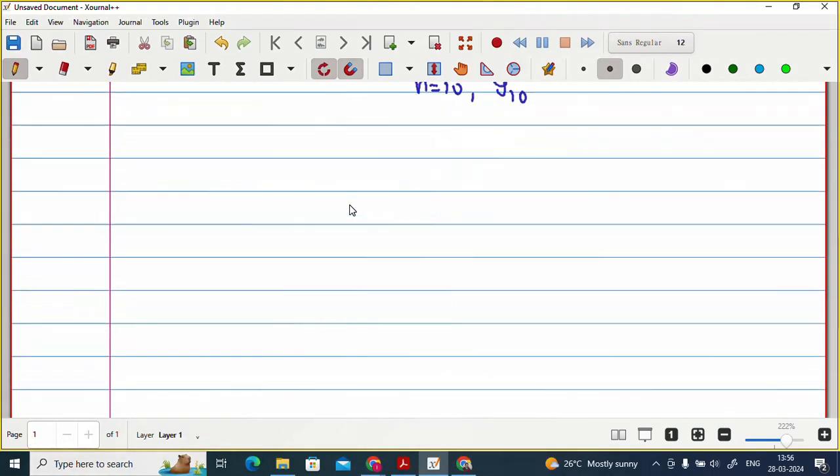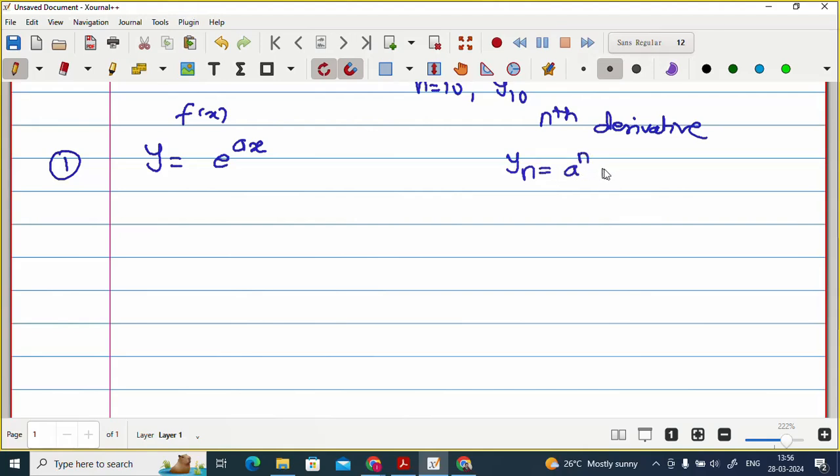So I can write it as a formula. Suppose my y is e raised to ax, then its nth derivative, writing in column form, yn, is a raised to n e raised to ax.